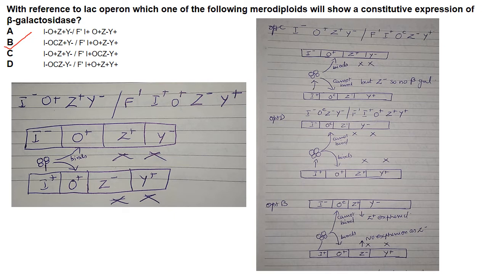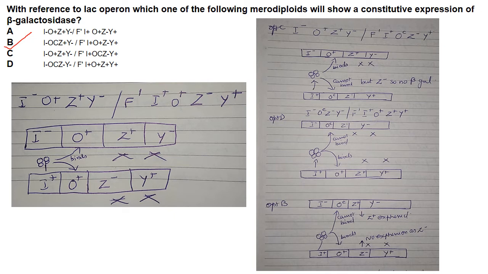So coming to the first option, that is option A. I minus O plus Z plus Y minus. I plus O plus Z minus Y plus. So this is the first. I have drawn it like this just for you to understand. Okay, now I minus. So repressor is not being produced.